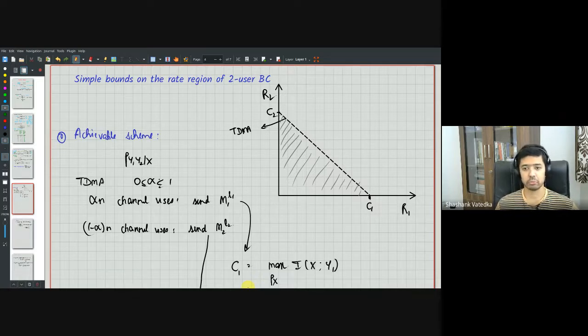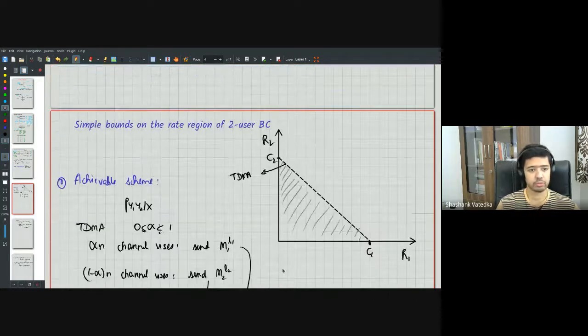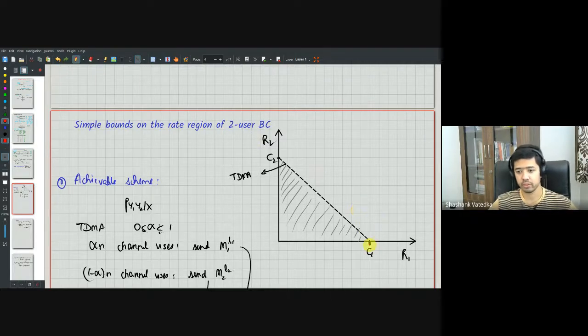Let us see what is not possible. Right. So here's a question for you. So is it possible for user one to communicate at any rate above C1?